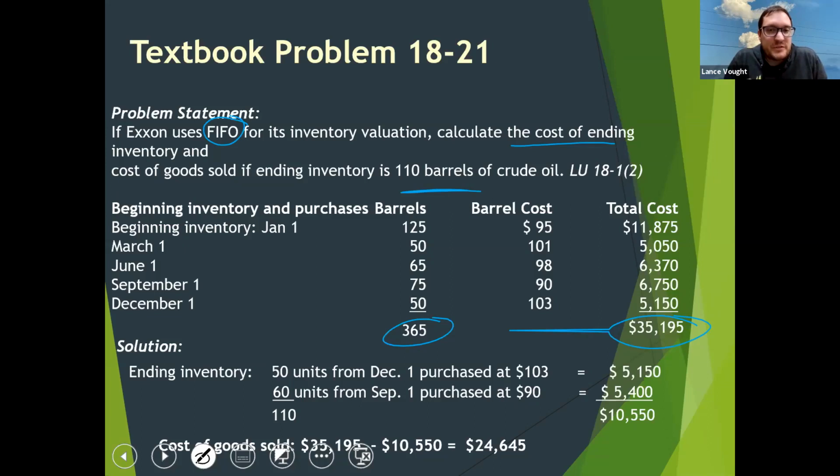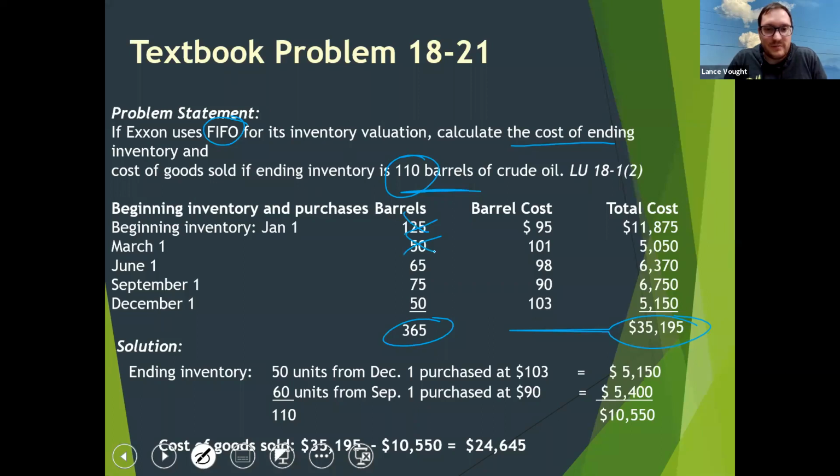So if we're using first in, first out, and we have 110 barrels left over, that means we take the barrels that we've sold and cross them off from the top down. So the first 125 are gone. That leaves us with 130. These next 50 are gone. That leaves us with 80.